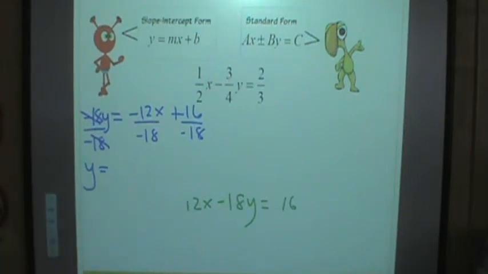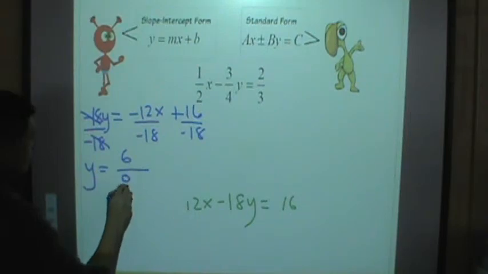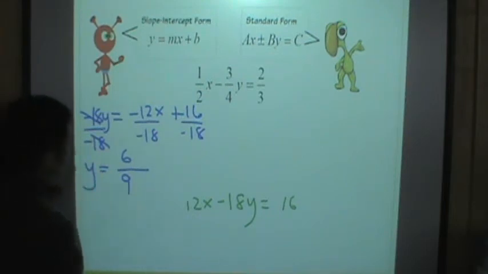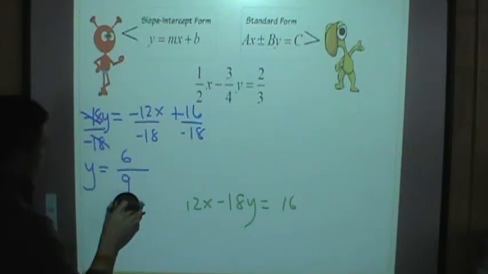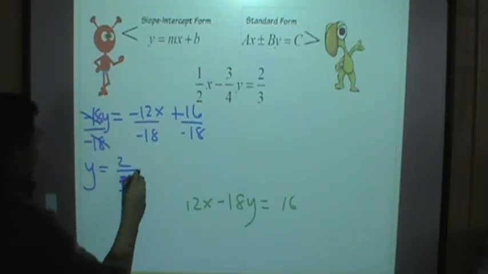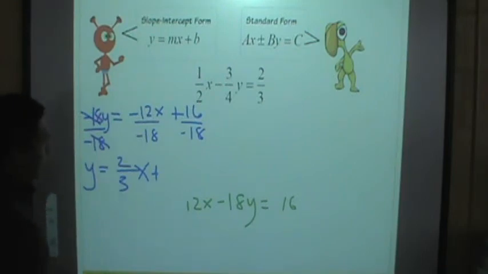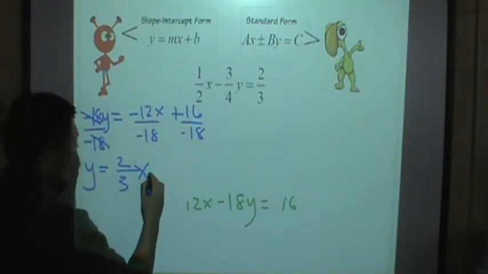they can be divided by 2, so it will be 6 and 9. They can be divided by 3, it can be 2 and 3. 6 divided by 3 is 2, 9 divided by 3 is 3. 2 over 3, and then x, plus, both of them can be divided by 2, and now I have positive divided by negative is negative.